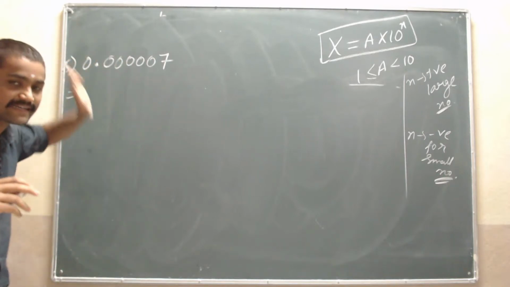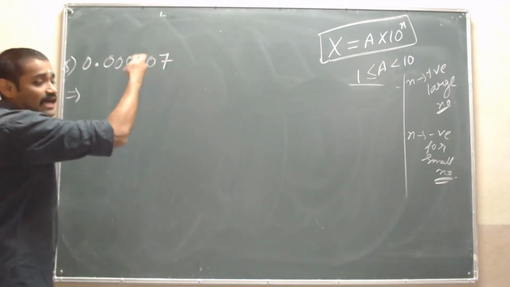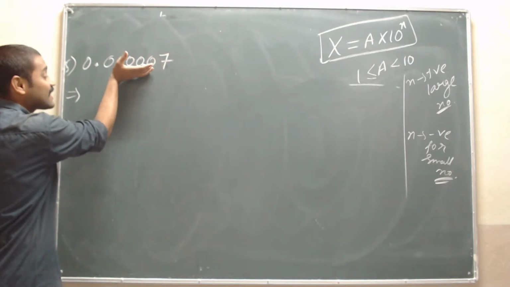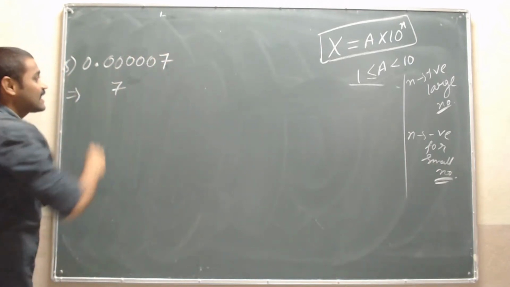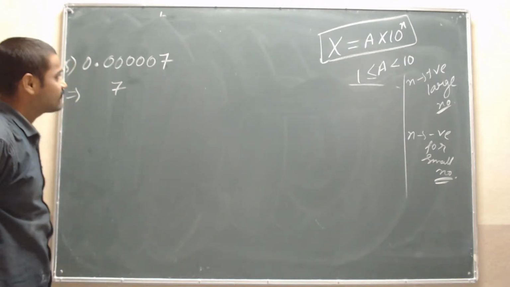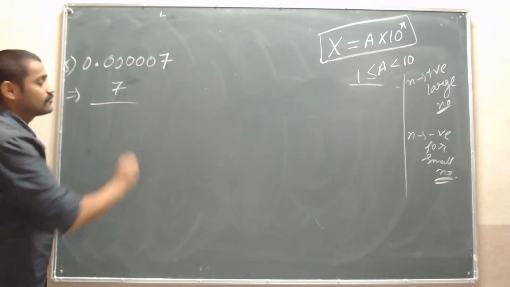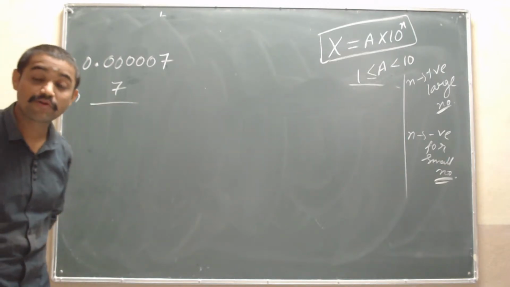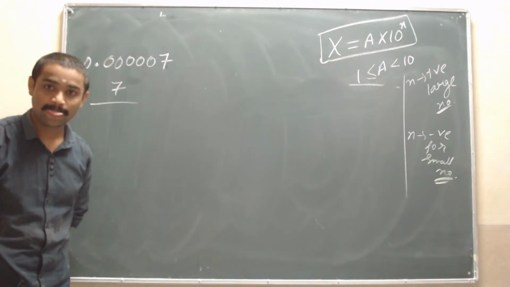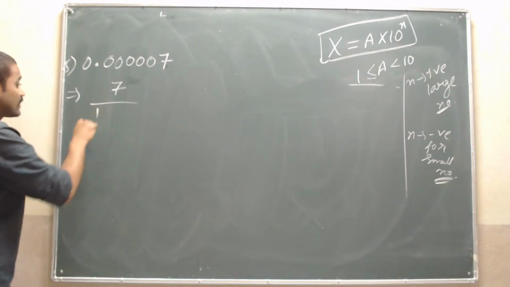Sir, okay, neglect. So what we have to do? Sir, the last number, whatever it may be, last number means we have neglected the zeros. So I'll write directly 7. Yes, 7 is neglected. Then we have to divide. Why, sir? Because it is a rule. Okay. And concentrate here. We have to write 1.